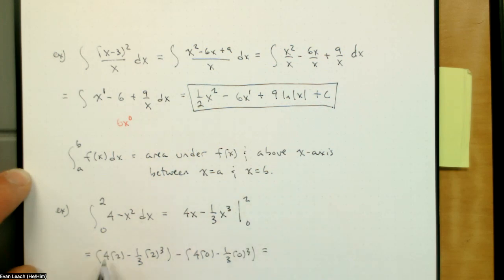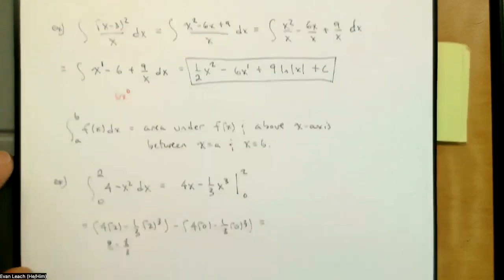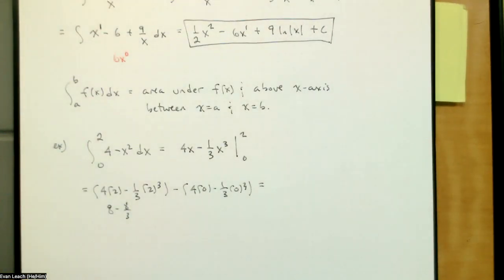And subtract. So 8 minus 8 thirds. This is all 0, so that's easy. So I have 8 minus 8 thirds. So what's that? 16 thirds.